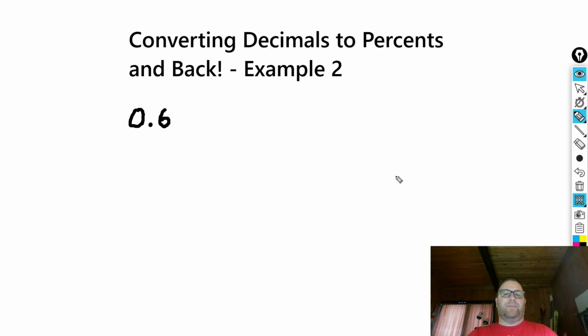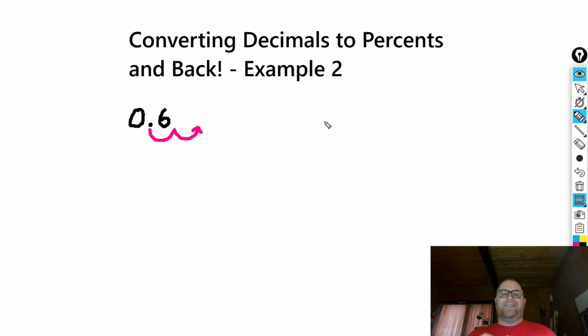In our next example, we're going to convert the decimal 0.6 to a percent. As with the previous example, we're going to multiply by 100, meaning we're going to move the decimal place 2 places over. But we only have 1 place past the decimal point. So what do we need to do?